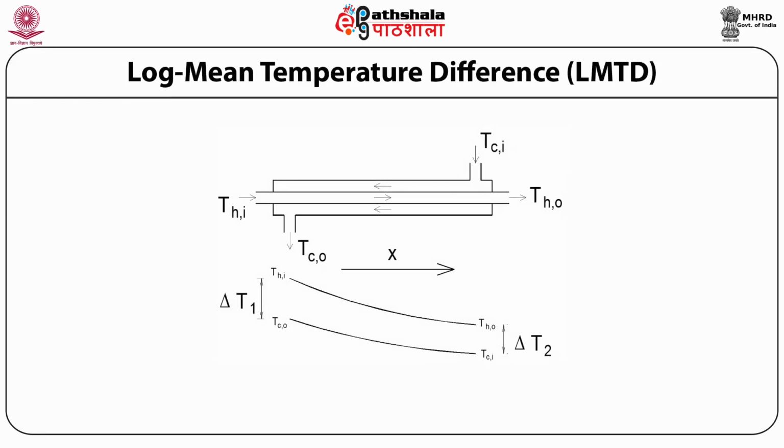Now we discuss the counter current flow heat exchanger. Again we have two pictures, one showing the flow arrangement and another showing the temperature variation along the length of the pipe. Here we have Thi, the hot fluid inlet, and Tho, the hot fluid outlet. The hot fluid is moving in the opposite direction to the cold fluid.